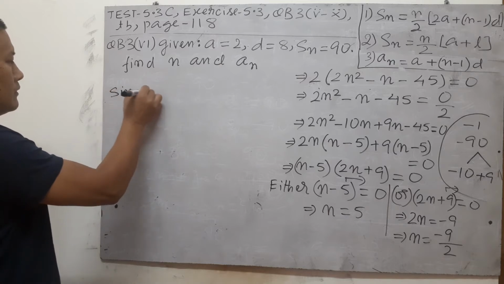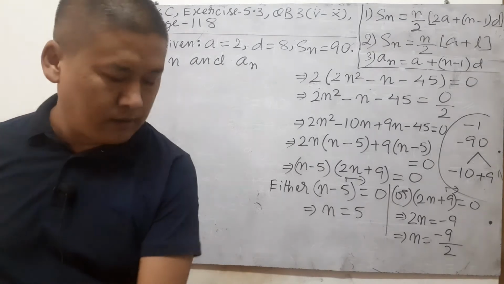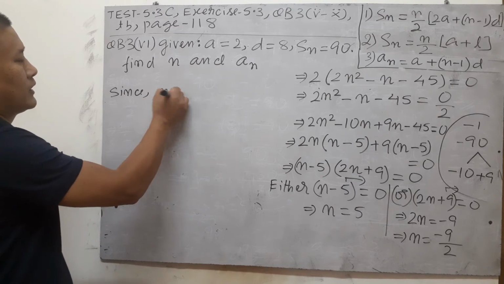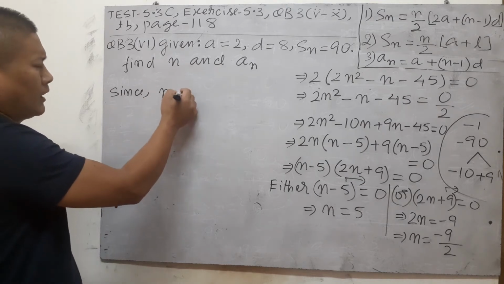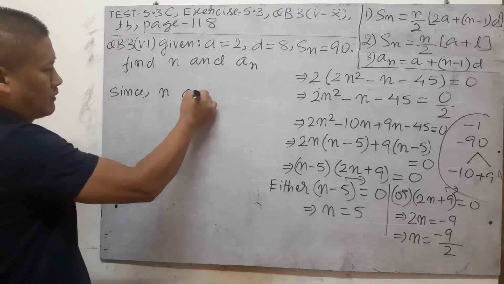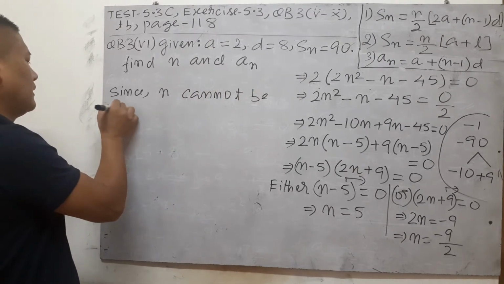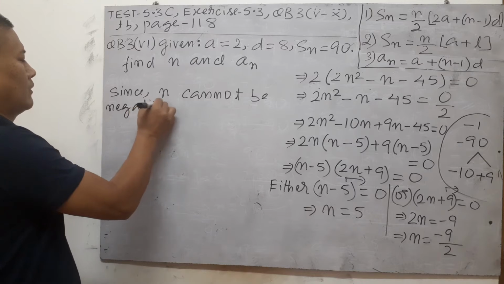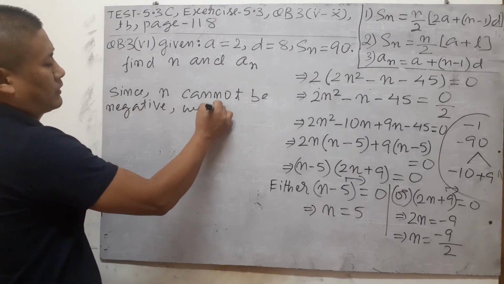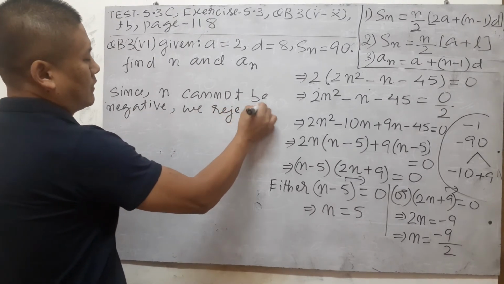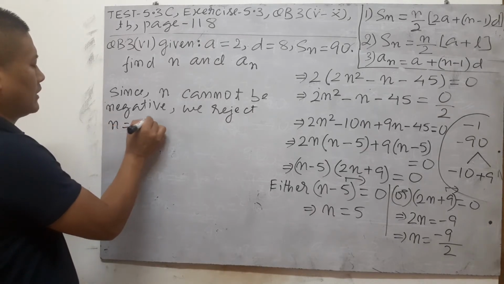Since n is the number of terms, and the number of terms cannot be negative, n cannot be negative. Therefore, we reject n equal to minus 9 by 2.